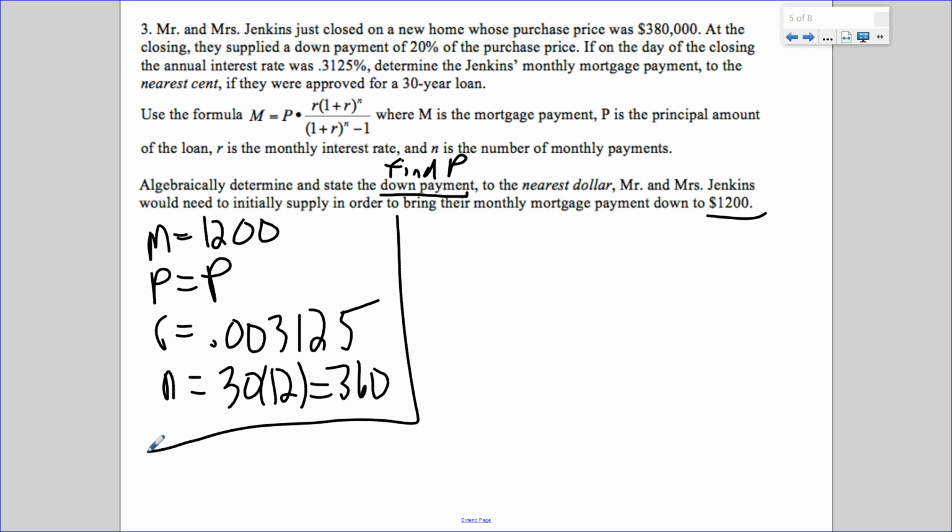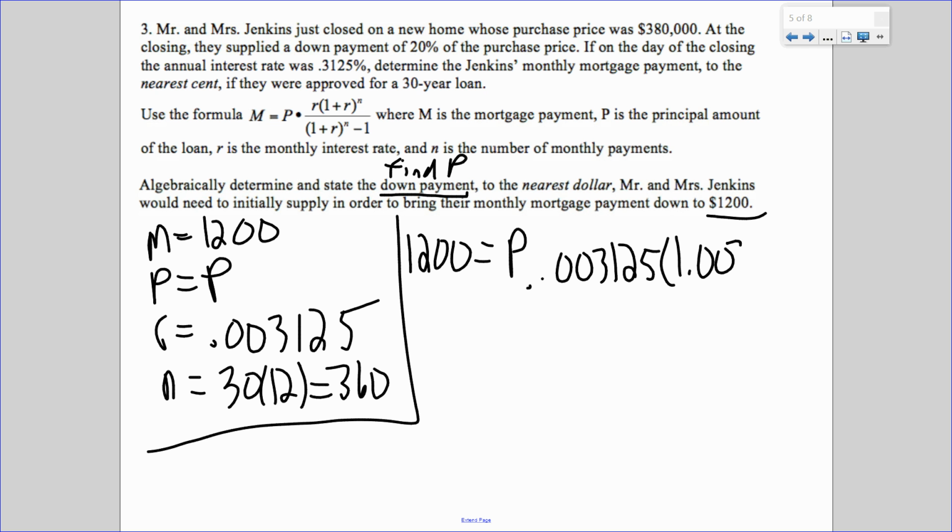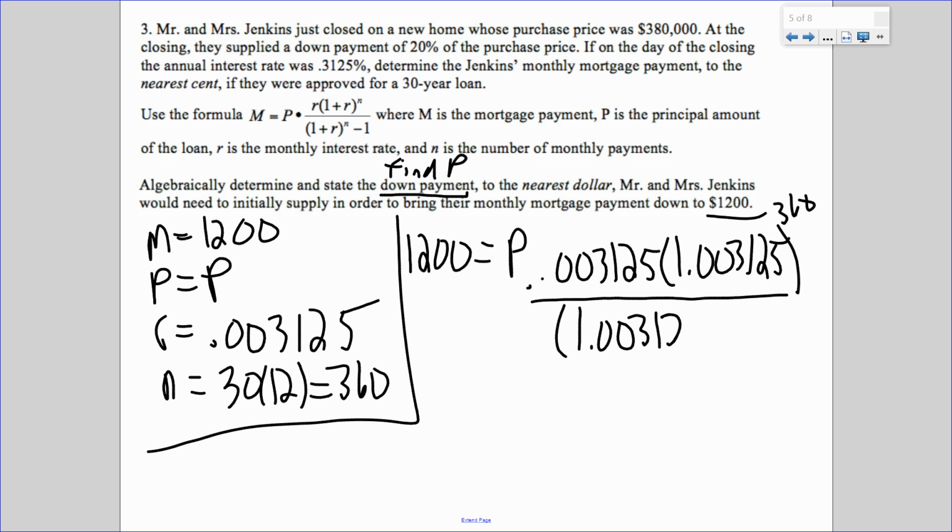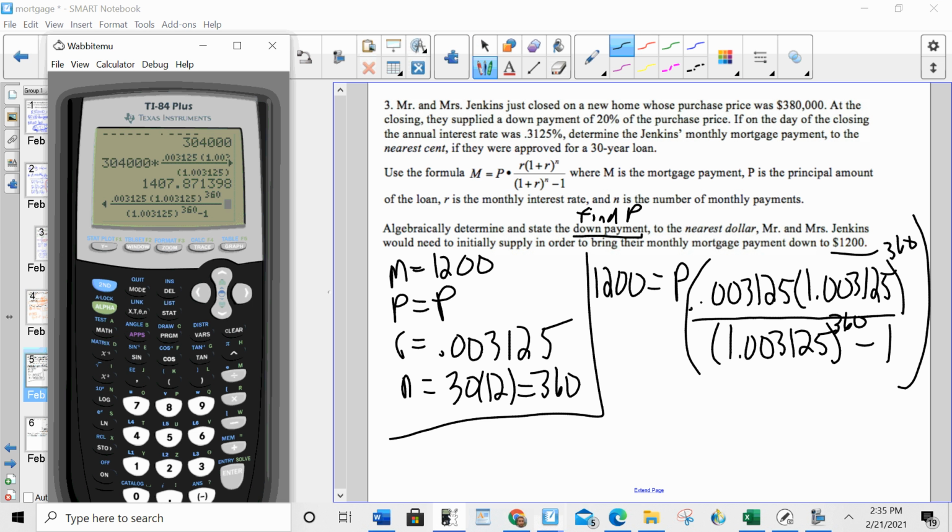So it becomes 1,200 equals P times 0.003125, 1.003125 to the power of 360 over 1.003125 to the power of 360 minus 1. Can I type the entire thing into the calculator? No, but I can type this whole thing into the calculator. So that's what I'm going to do.